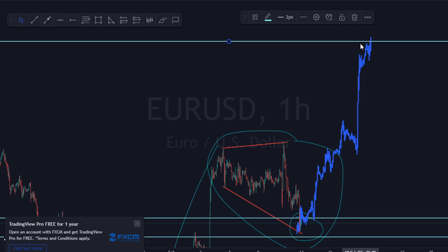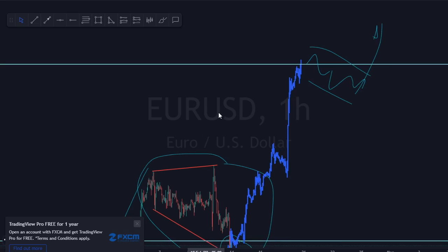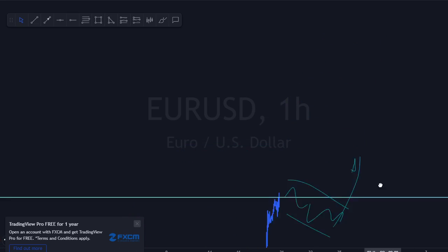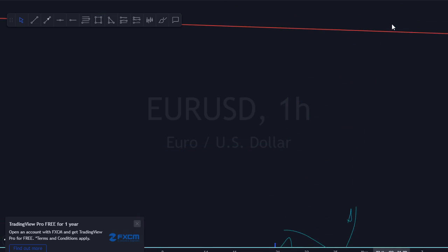and then once price hits my TP, I'll wait for another pattern, another continuation pattern, whatever the market decides to give me, and then I'll look for a buy to the upside. I'll be looking for a buy to the upside all the way until these highs guys.